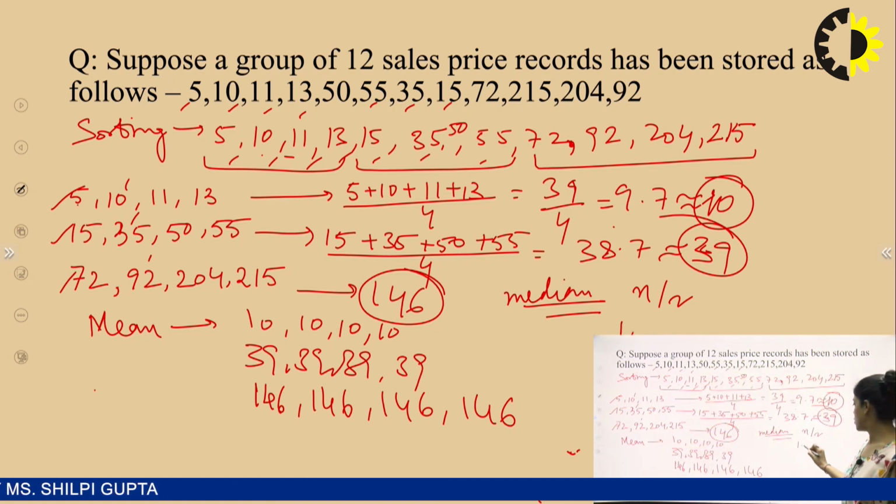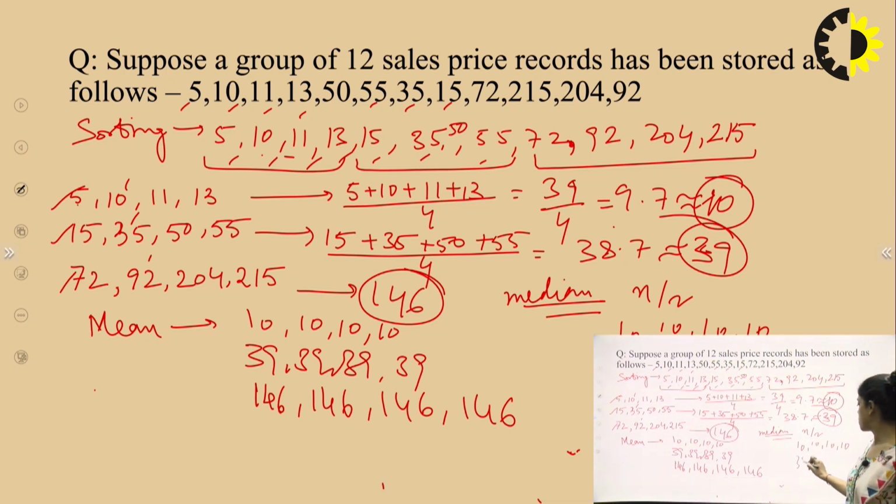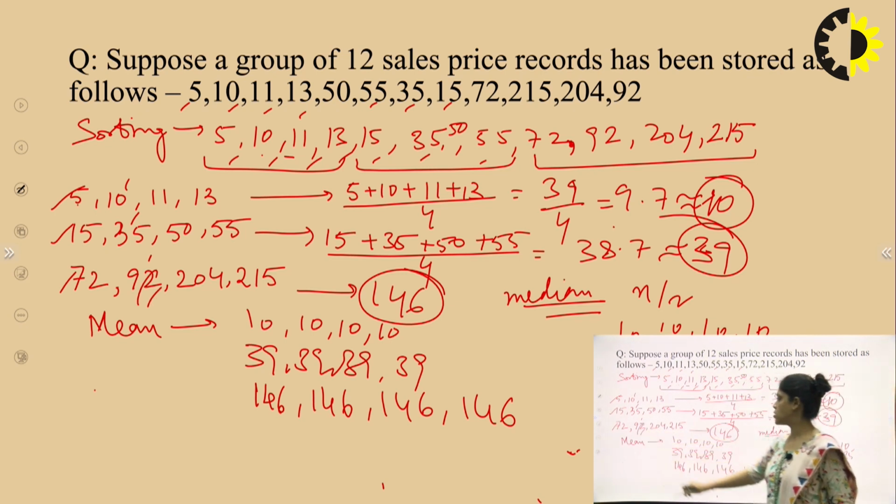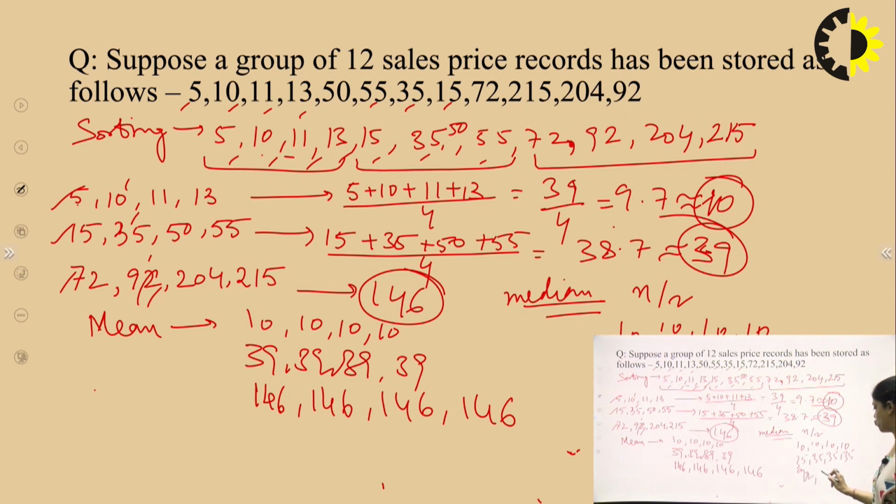It will be 10 for the first bin, 35, 35, 35, 35 for the second bin, and for the third one it is 92. Like this. So this is binning by median.